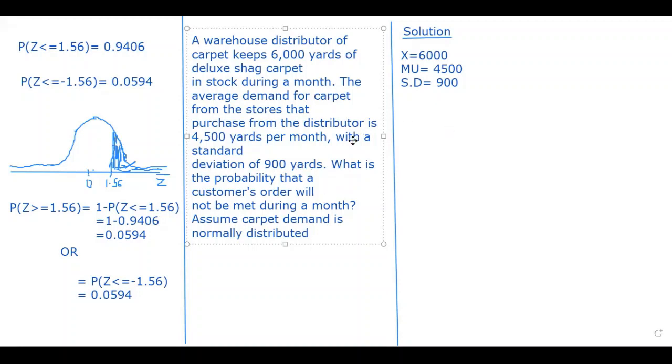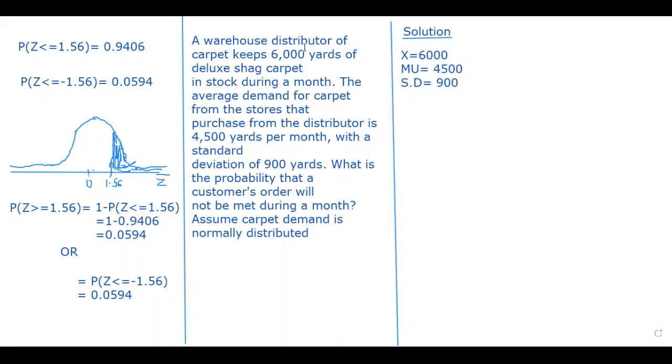And they are asking, what is the probability that a customer's order will not be met during a month?